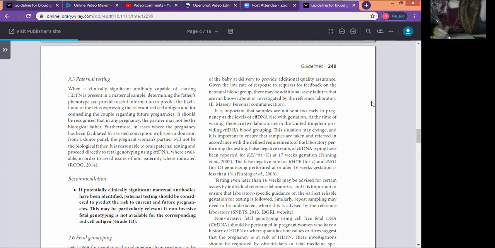Then regarding those clinically significant antibodies other than anti-D and anti-C, we need to go about doing doubling dilutions. For this we need to have the patient's plasma, which is reacted against red cell reagents which have heterozygous expression of the corresponding antigen.